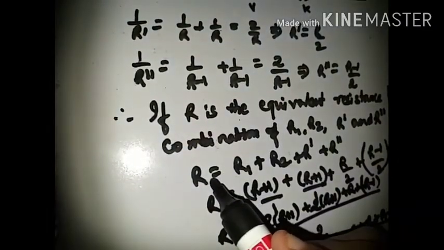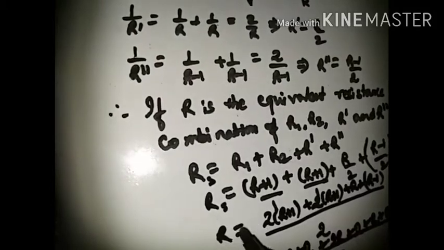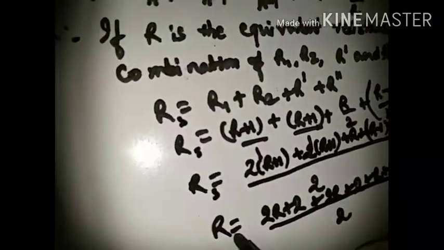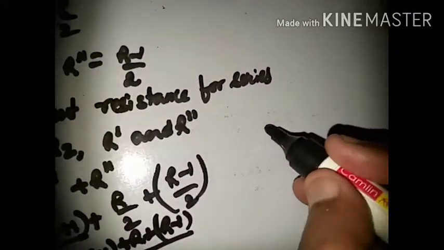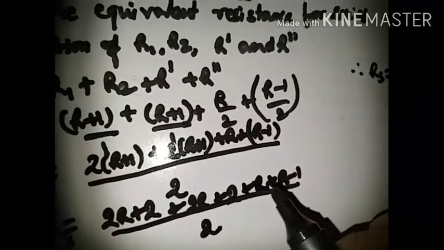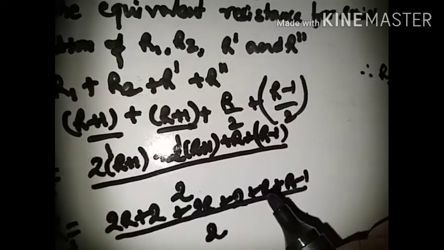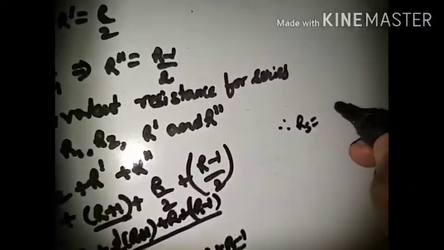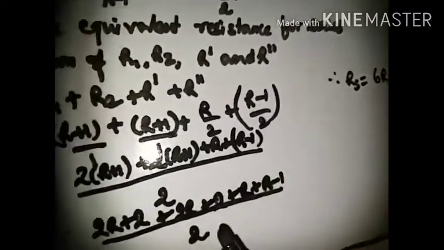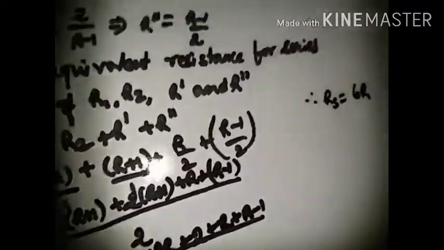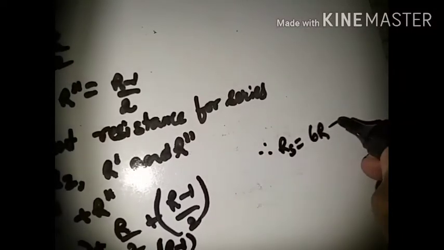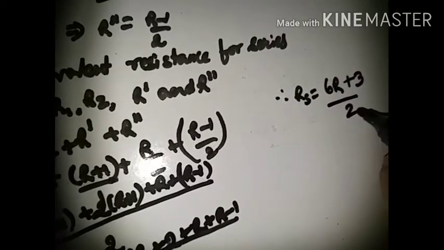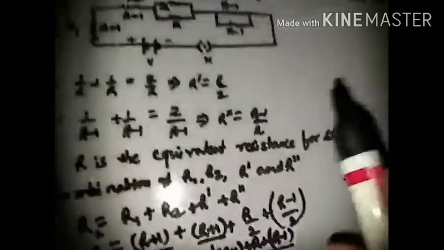Let us put a subscript s to mention that this is the series combination equivalent resistance, just in case you get confused with similar terms on both sides of the equation. So Rs is the equivalent resistance. Now 2R plus 2R plus R plus R gives you 6R, and then 2 plus 2 is 4, 4 minus 1 is 3, so plus 3 by 2. So this is the equivalent resistance for the combination.